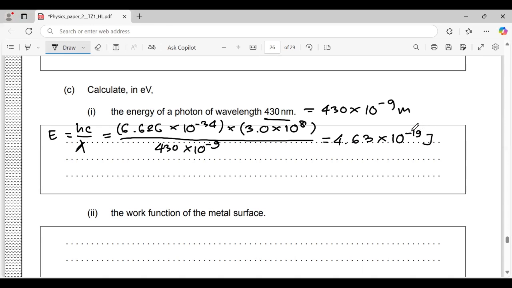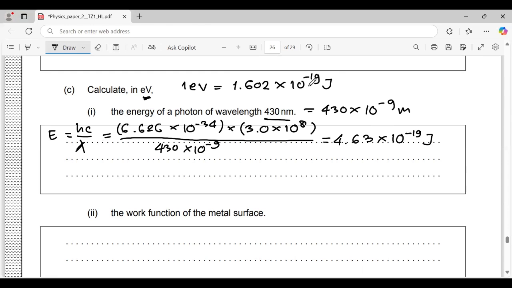Now, the question needs the unit in electron volts, so we have to convert this number from joule into electron volt. As you know, one electron volt, converted into joule, is 1.602 times 10 to the power minus 19 joule. So how do we convert it?